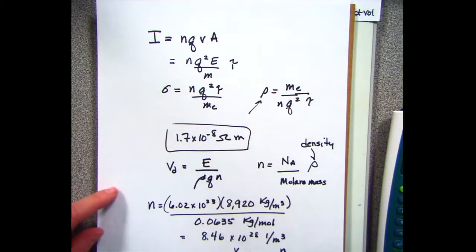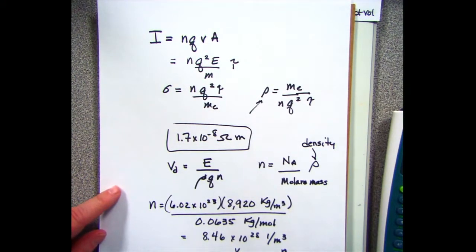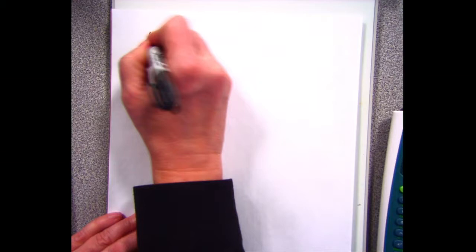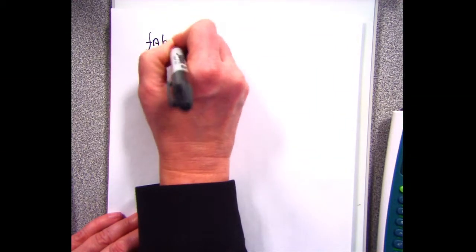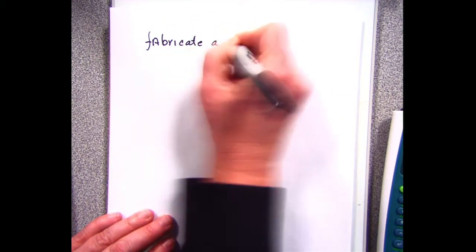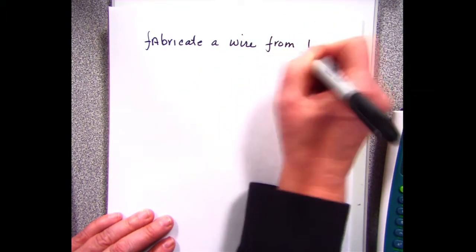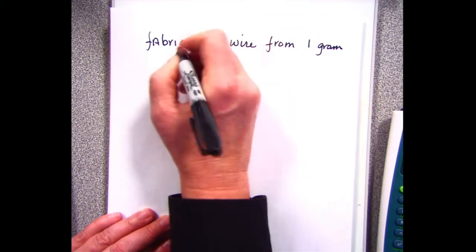But why do we care? It's for things like this. We want to fabricate a wire from 1 gram of copper, and it has to have a resistance of 0.5 ohms.